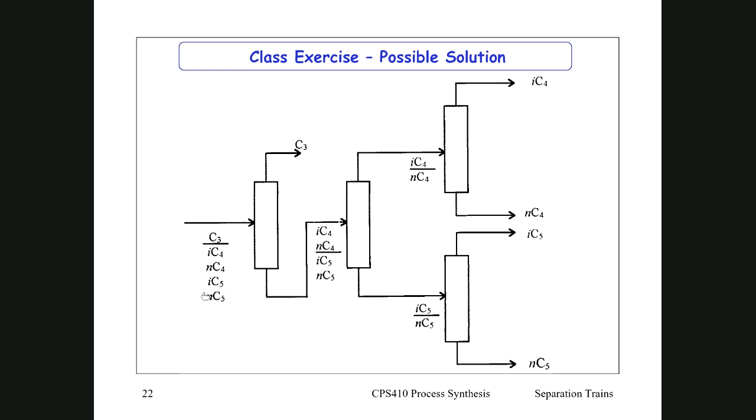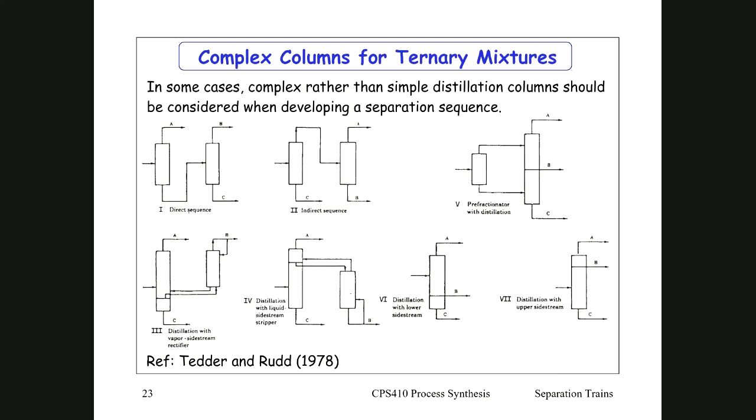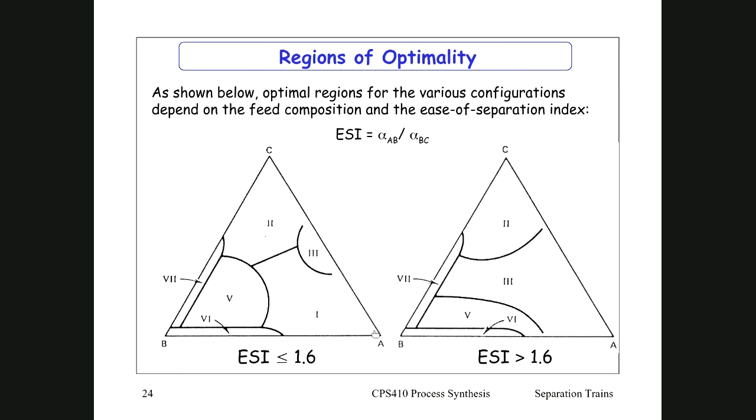Now, once we've got this 3-component system, we can go and apply Tedder and Rudd and have a look at what would be, depending on the molar flow rates, we would be able to choose a suitable distillation for that 3-component system.